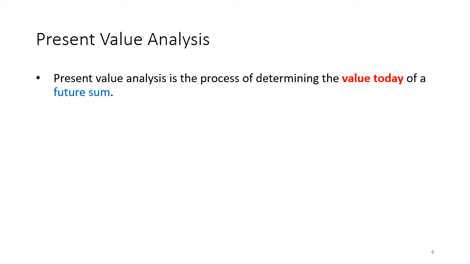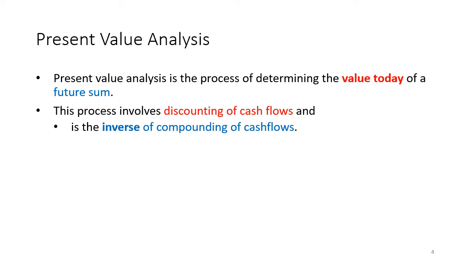Present value analysis is the process of determining the value today of a future sum. This process involves discounting of cash flow and is the inverse of compounding of cash flows.